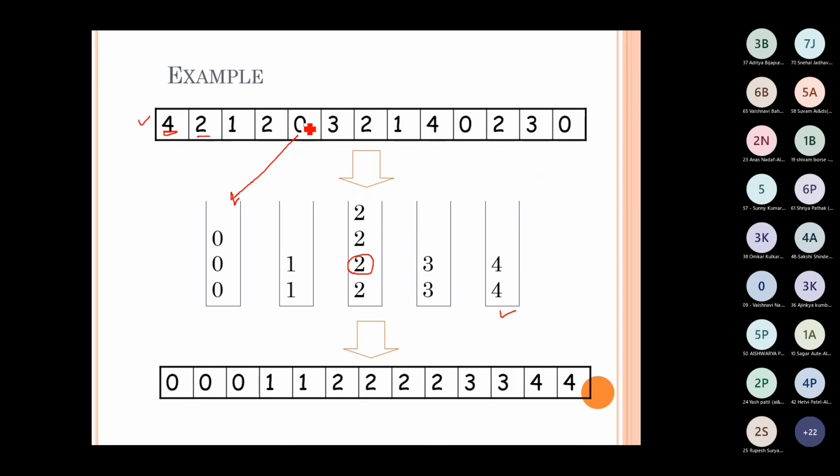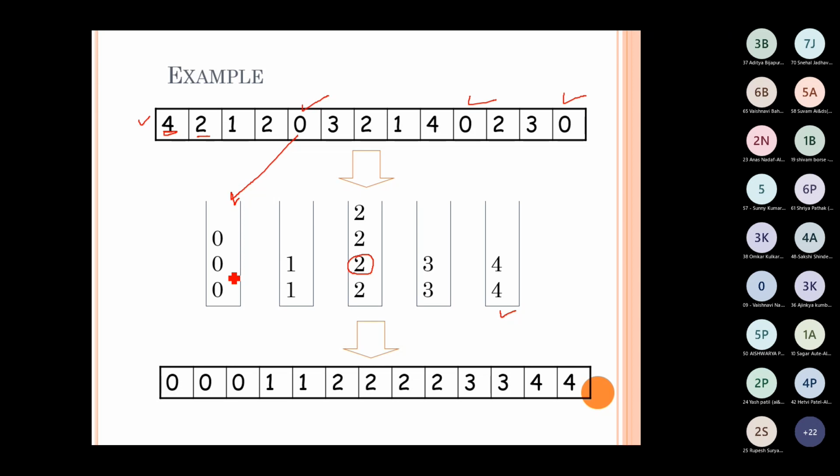Now you can observe how many zeros there are: 1, 2 and 3, and all those 3 zeros we have copied in bucket number 0. So bucket number 0 has 3 zeros, bucket number 1 has 2 ones, bucket number 2 has 4 twos, bucket number 3 has 2 threes, and bucket number 4 has 2 fours.